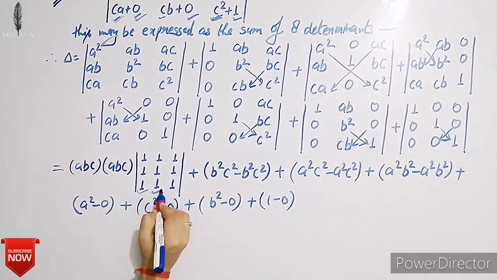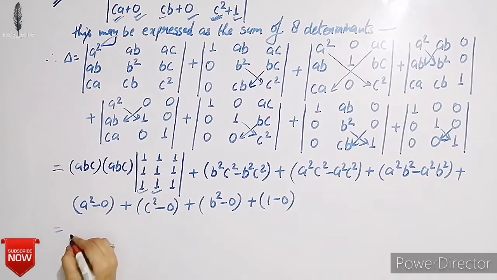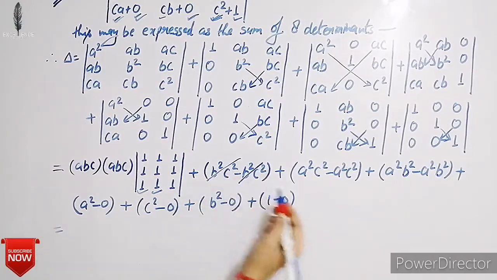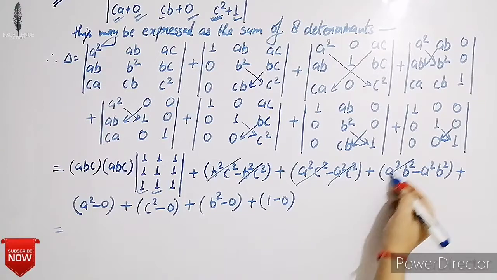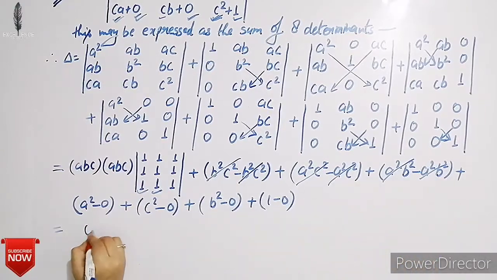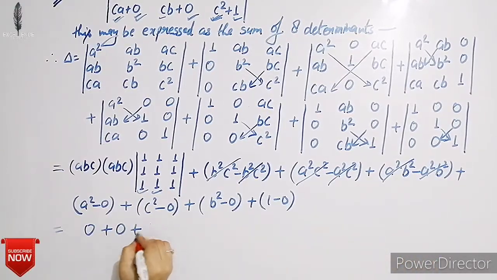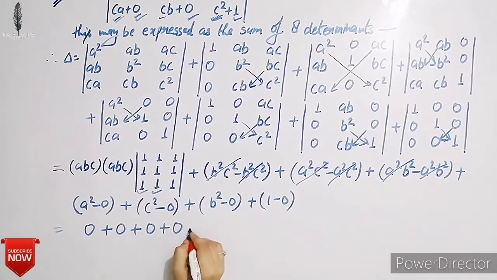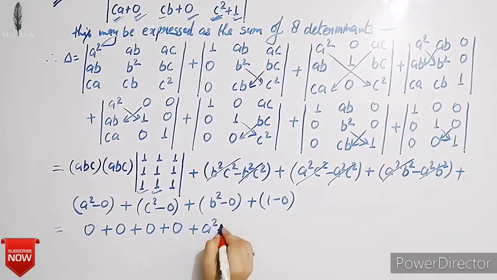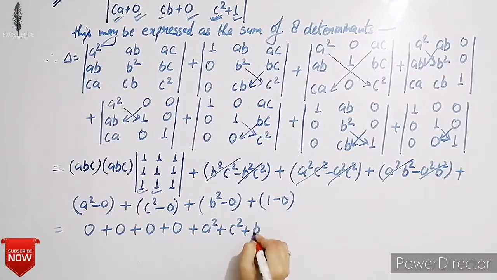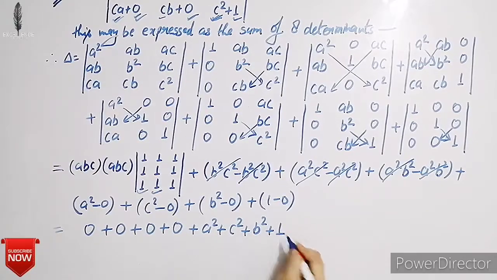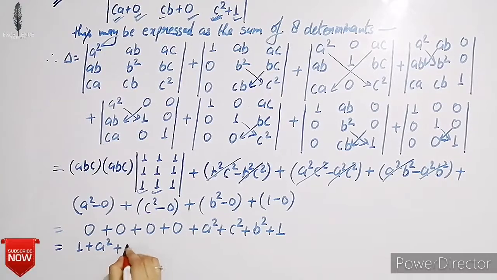Here rows and columns are identical. Here B square C square cancel, A square C square cancel, A square B square cancel. Here we have 0 plus 0 plus 0 plus 0 plus A square plus C square plus B square plus 1. That is equal to 1 plus A square plus B square plus C square.